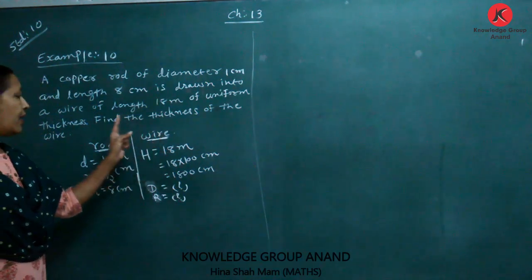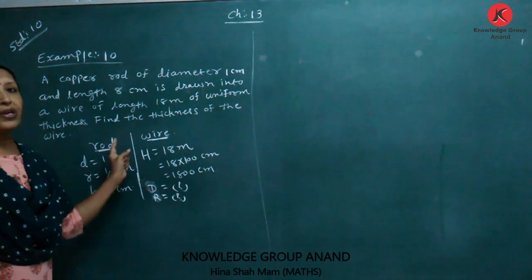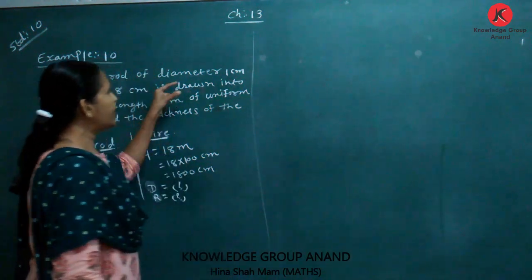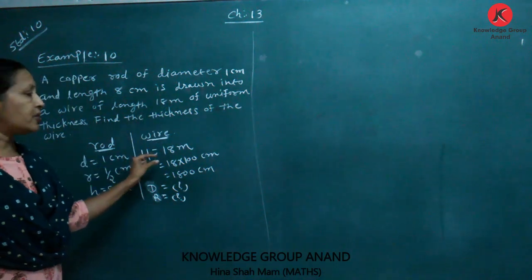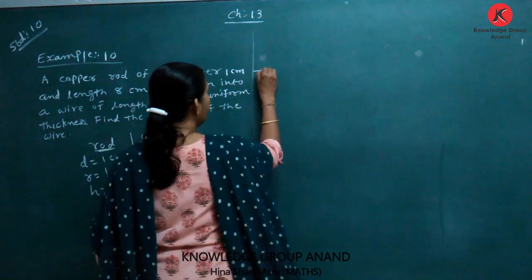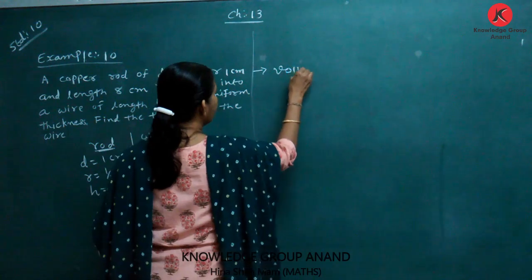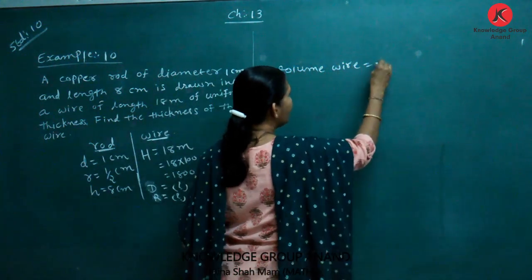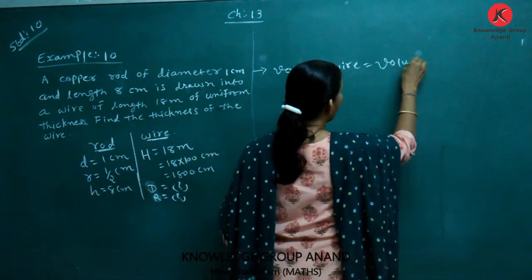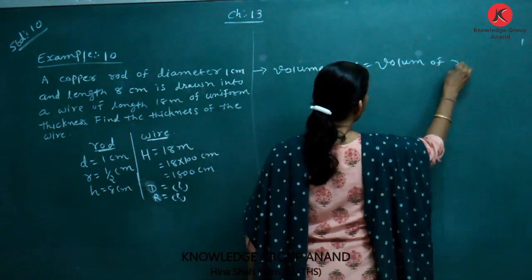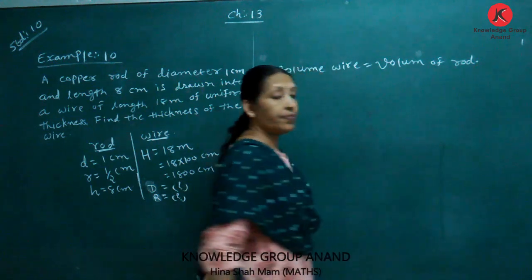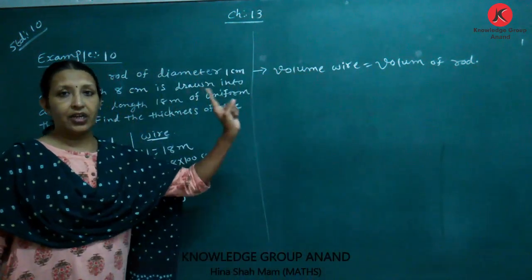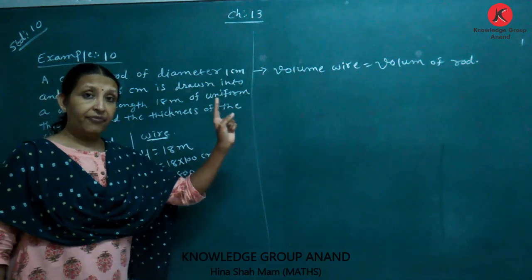The volume of wire and the volume of rod are the same, because it is converted from one shape into another. Volume of wire is equal to volume of rod. Both are cylindrical in shape.